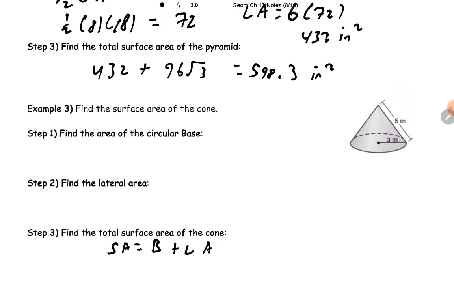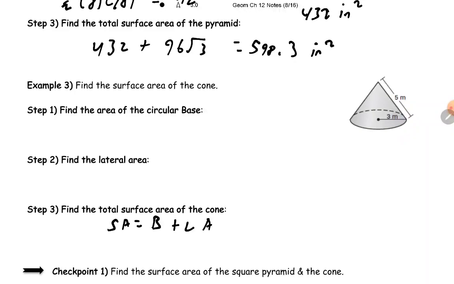In this case, this is pi r squared plus pi r L. But if you want to break it into pieces, first let's find the area of the circular base.